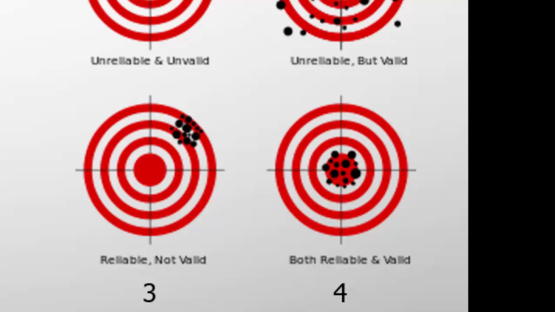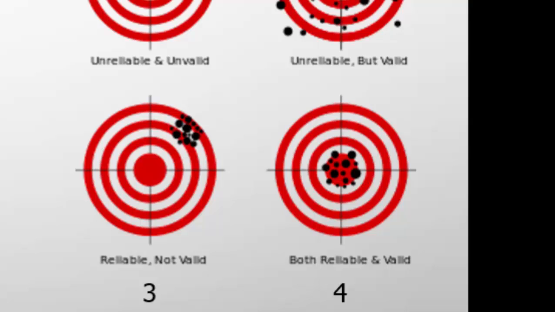So whoever was shooting at that target was consistent, but consistently off, which in target shooting means that you're either not correcting for the wind, or your sights need to be readjusted, because you're shooting accurately, but you're off target. So those are consistent.